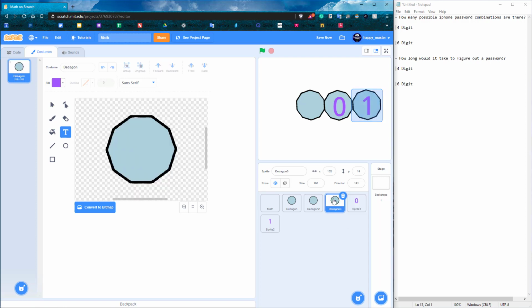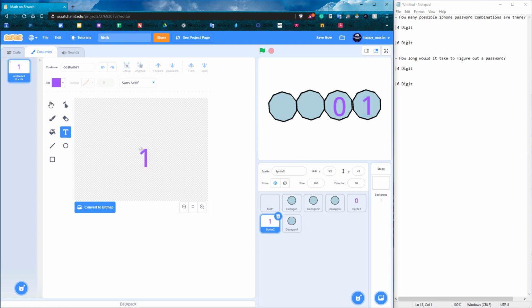So if we had another decagon here, boom, this would be 10 to the power of 1, 2, 3, 4. Let me write that. I'll make this 10 to the power of 4.